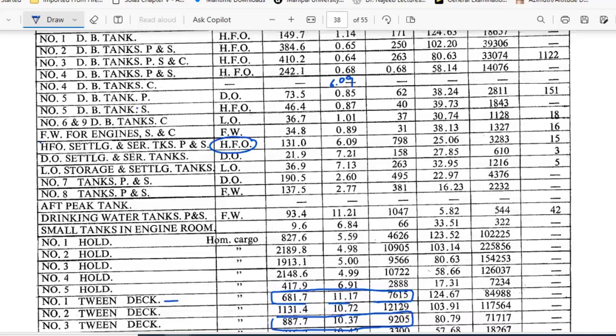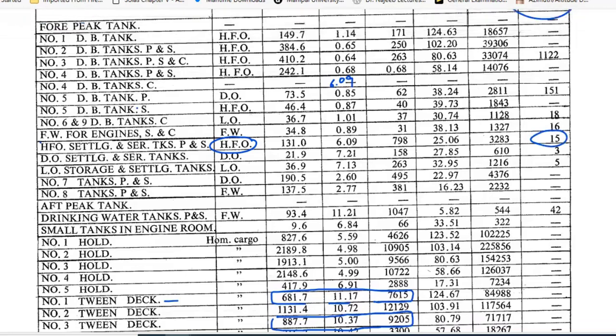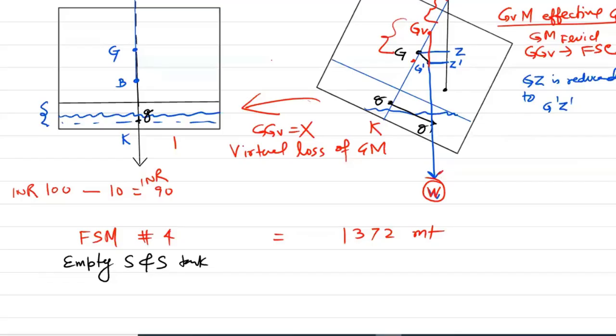Is it having some free surface moment? Yes, sir, having 1515. So we have made it empty. That means the tank is empty, so there is no free surface moment. Make sense?